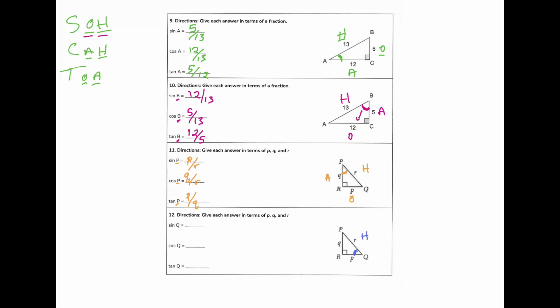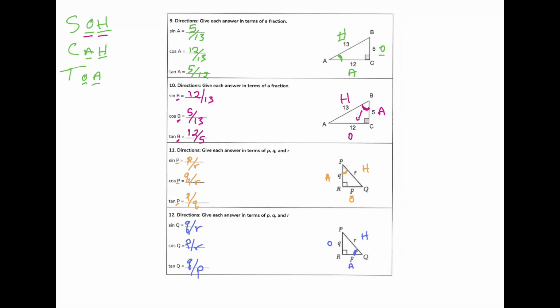So my hypotenuse is going to stay the same, but then the opposite and the adjacent flip. So my sine this time is going to be Q over R. My cosine will be P over R. And my tangent will be Q over P.